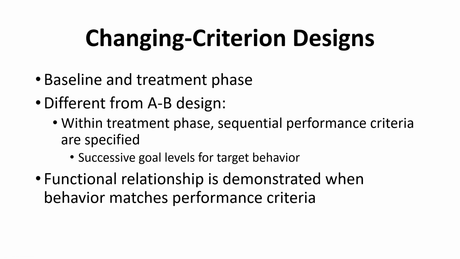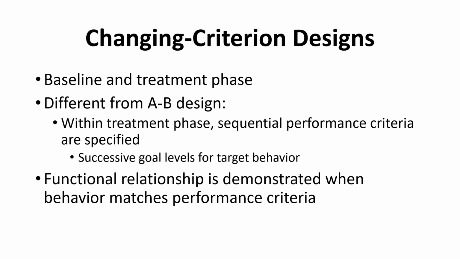So if you're trying to reduce a particular behavior, the example we're going to look at is how much caffeine people drink. So maybe if you have a standard of 10 cups of coffee a day, our first goal line, our first sequential performance criterion, would be to get it down to 8 cups a day. And if you can meet that 8-cup cutoff, then you are rewarded.